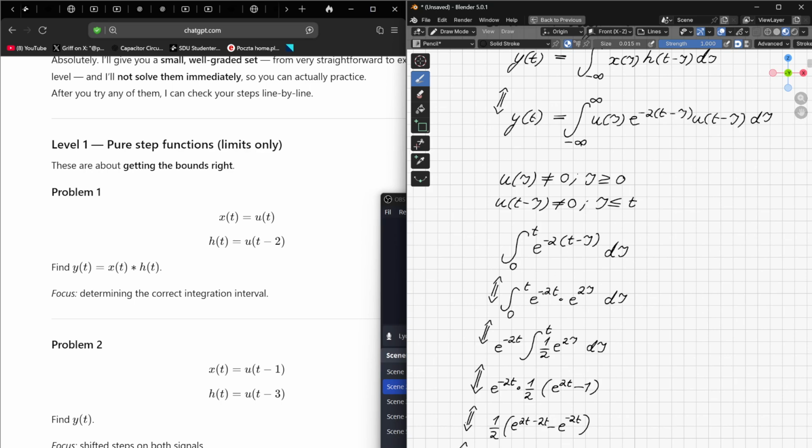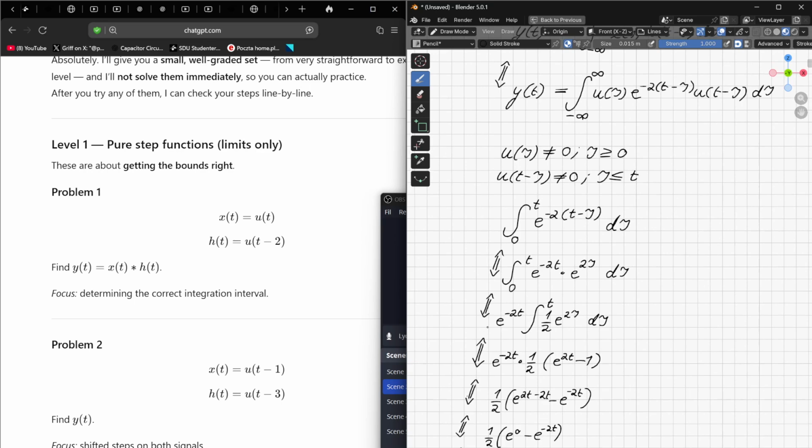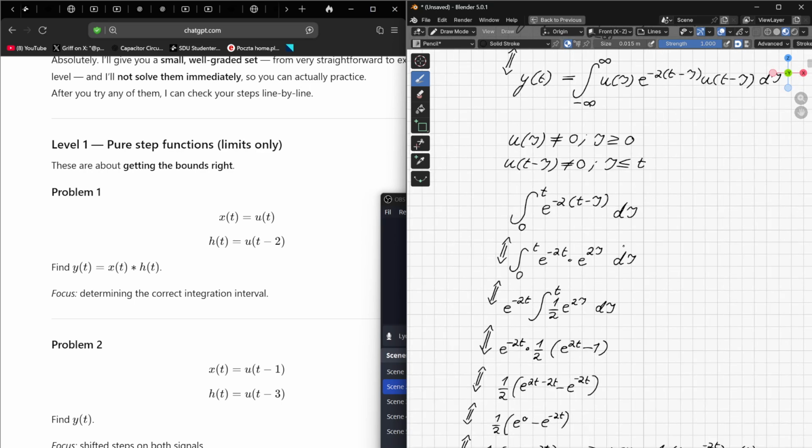So here it's e to the power of minus 2t times e to the power of 2 tau with respect to tau, and we're integrating over 0 to t. Because this is with respect to tau, we can treat e to the power of minus 2t as a constant, because we're not actually integrating with respect to t. So we can take it out of the integral, and the only thing we're left with is this here. Sorry, I made a mistake here actually. I should write 0 here.